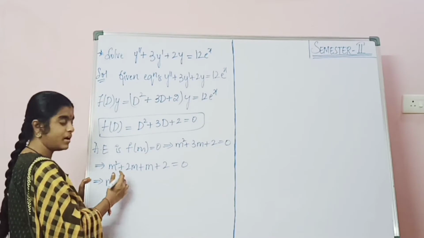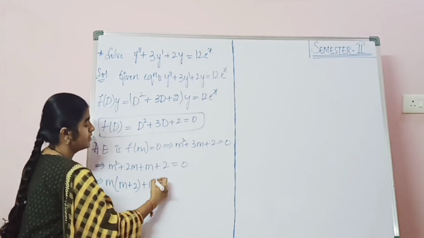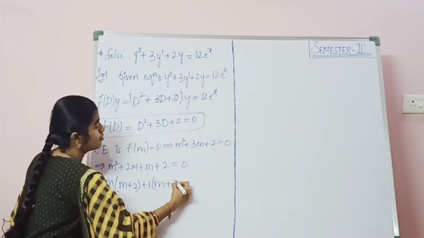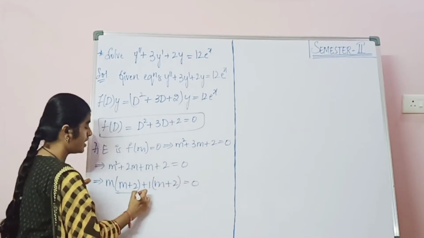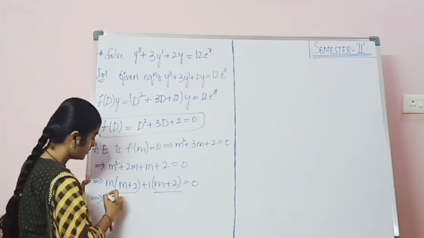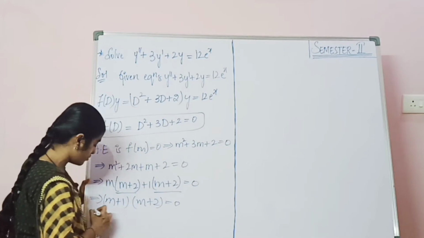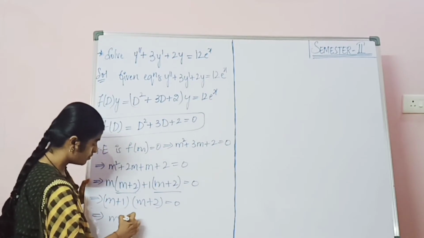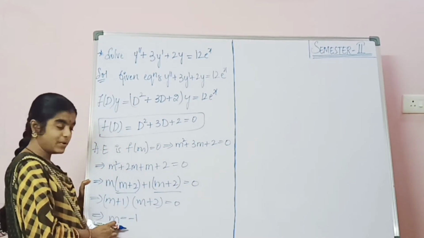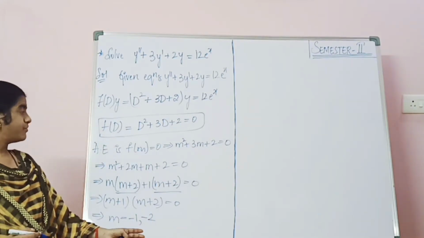So what is common here? m. m into m plus 2 plus 1 into m plus 2 equals 0. So here m plus 2 is common. So that implies m plus 1 into m plus 2 equals 0. So what are the roots here? m equals minus 1, minus 2. These are the roots of the equation.